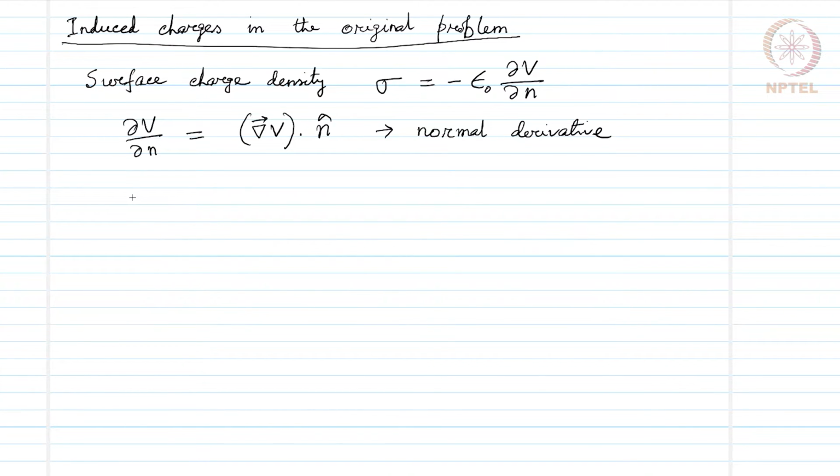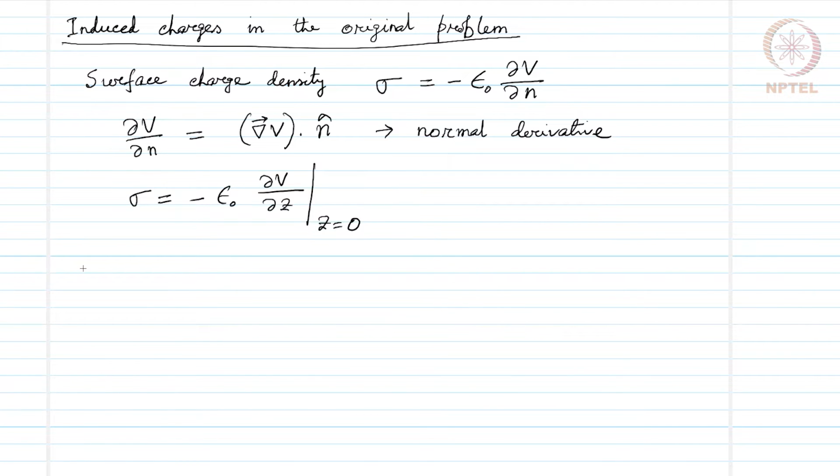So, if we now calculate sigma, that is minus epsilon naught del V del z at z equals 0, because z is the direction normal to the plane that we have considered, the infinite metallic plane, infinite conducting plane.